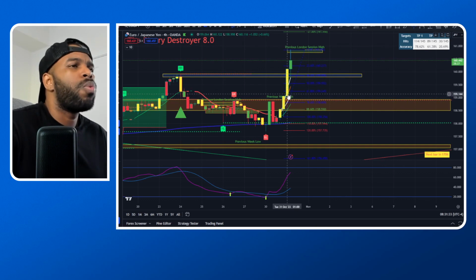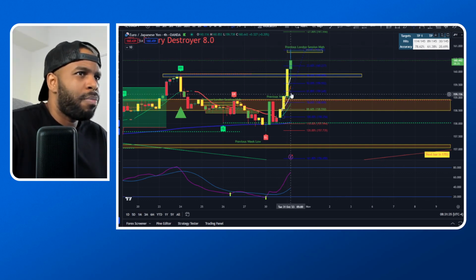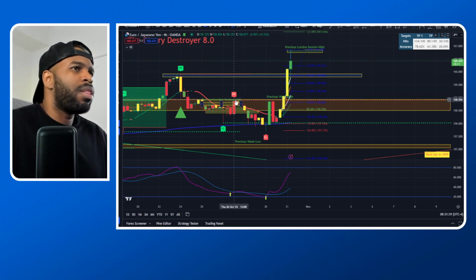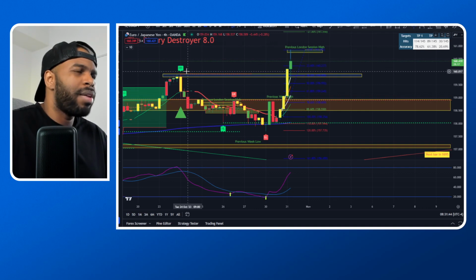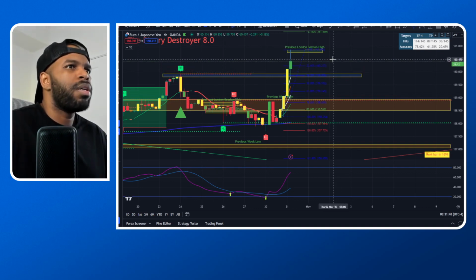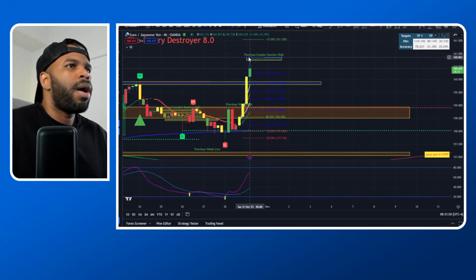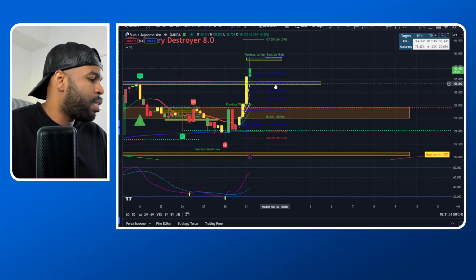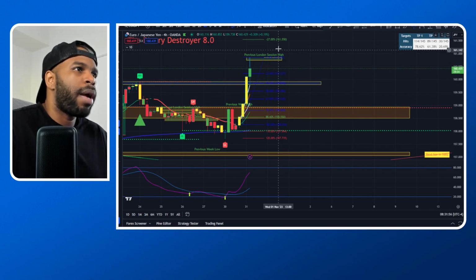So we're in the uptrend now. If price in the candle closes above the lower high and the previous high, you're in the uptrend. You're definitely in the uptrend. So I want price to come back down to this zone here, and then maybe start going back up.